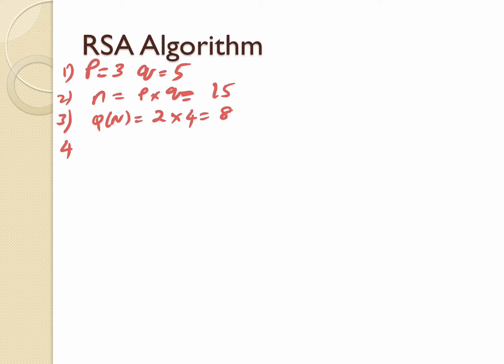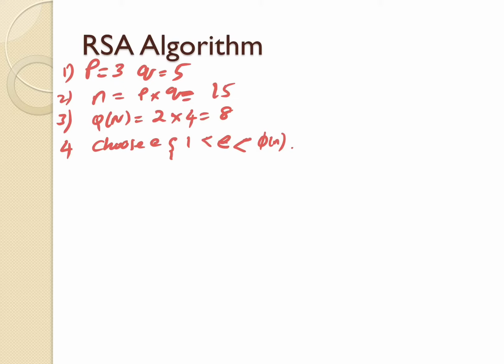Choose E such that 1 is less than E, and E is less than this pi of n. In order to choose the E, we have pi of n as 8.